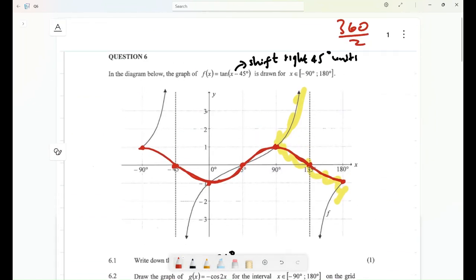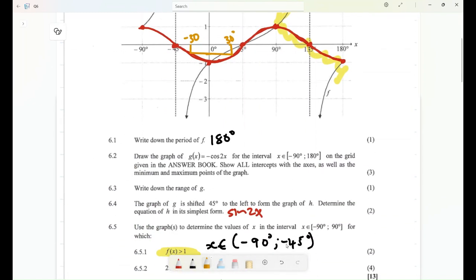Where is g of x greater than negative half? Here at this point, you should know exactly where it is equal to negative half. It is 30, negative 30. Why am I saying 30?